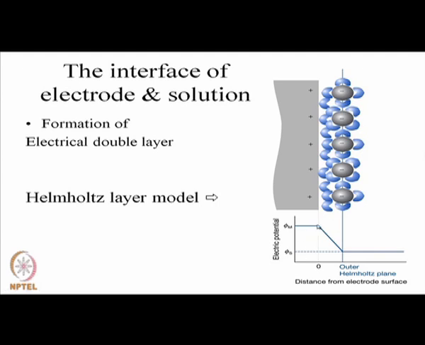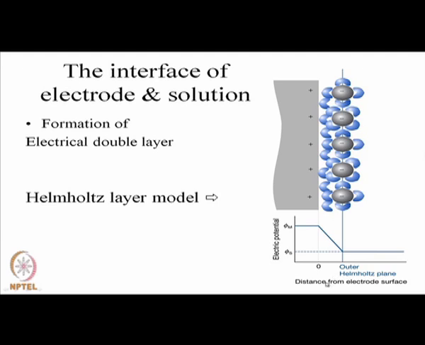Then the potential gradually decreases; the effect of this plus charge gradually decreases, and ultimately at a certain point it reaches a minimum and remains flat. This point is called the outer Helmholtz plane, based on the Helmholtz double layer model. This axis is the distance from the electrode surface, so the electrode surface is 0, and as distance increases the potential decreases almost linearly. Phi m is the metal potential, phi s is the solution potential, and it levels off at the outer Helmholtz plane.